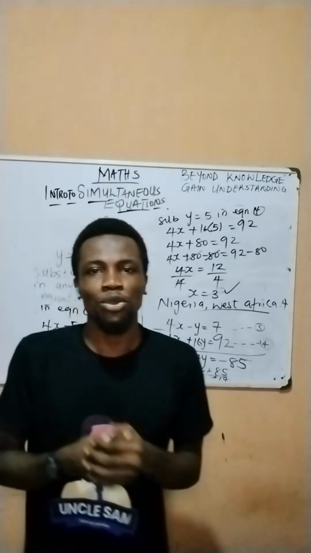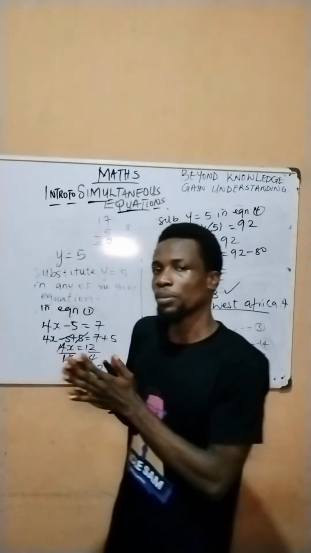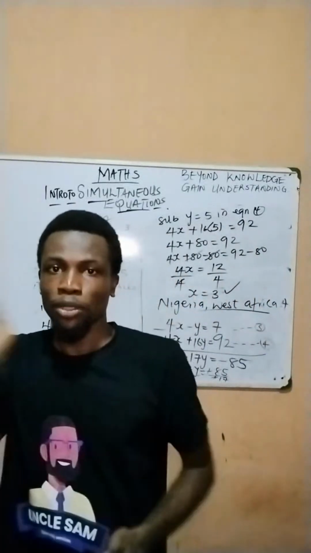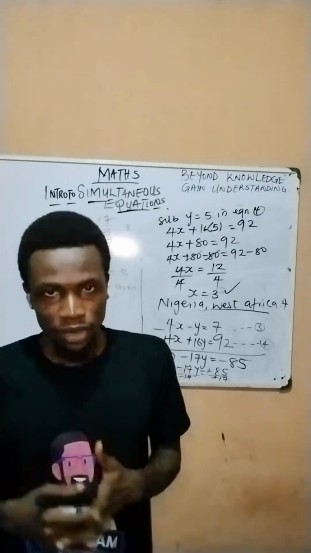The next class is going to be on solving simultaneous equations using the substitution method, and I hope to see you there. I'm going to be live again on Wednesday this week, same time.